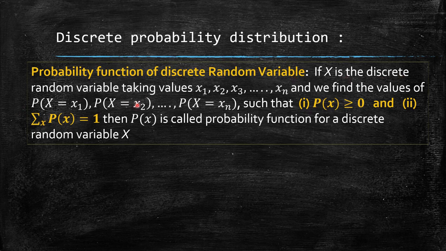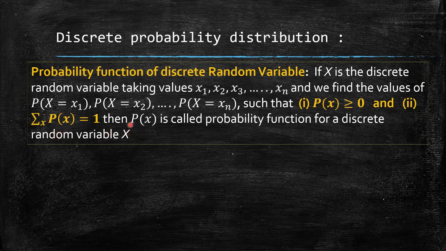If X is a discrete random variable taking values x1, x2, x3, up to xn, that means the range of X has n values, and for each xi we find the probability of X taking xi: probability of X equal to x1, X equal to x2, etc., X equal to xn, such that first, p of x is non-negative, greater than or equal to 0, and second, the summation of all the probabilities is equal to 1. Then p of x is called the probability function for the discrete random variable X.